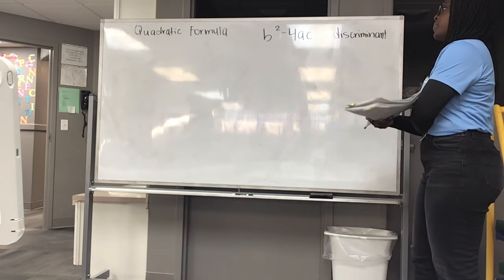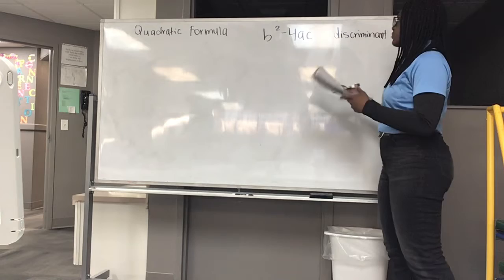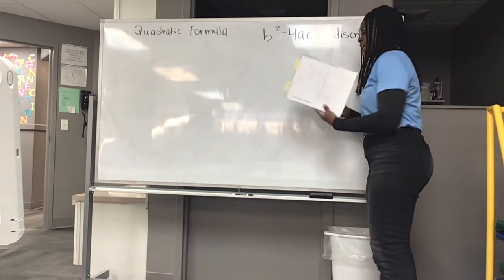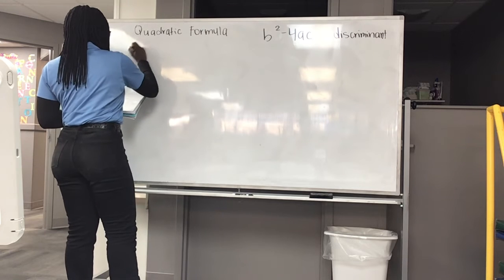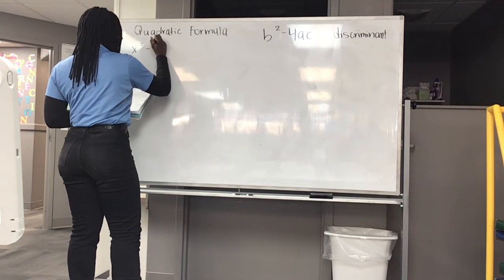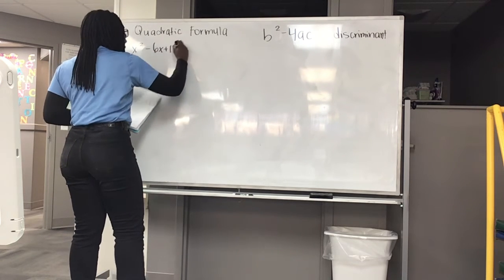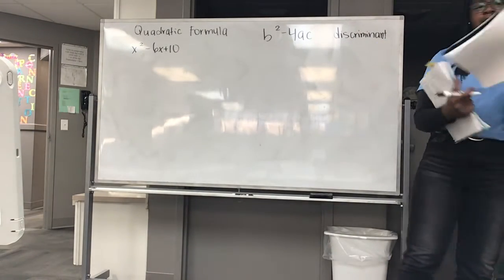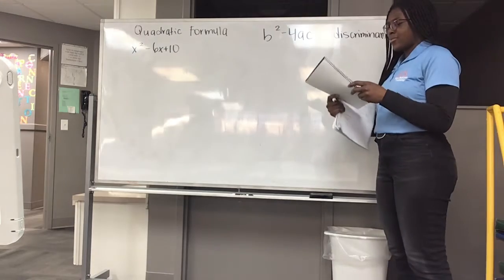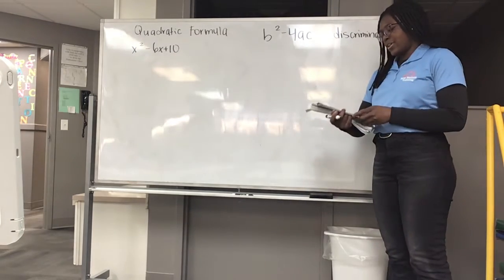Okay, so say I give you x squared minus 6x. Actually, let's look at the math packets real quick. On page 8, it says that b squared minus 4ac is the discriminant of the equation.